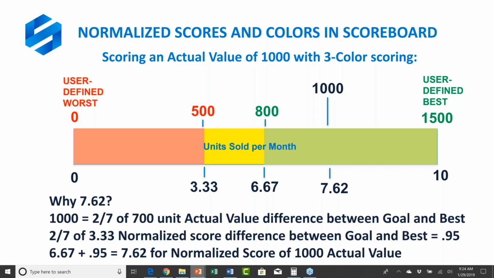And again, the question of why 7.62: in this case, that actual value of 1,000 lands 2/7 of the way through that 700 unit difference between goal and best. 2/7 of that 3.33 normalized score difference between goal and best equals 0.95. And if you add the 0.95 onto the 6.67 of that goal threshold, you get 7.62 for the normalized score of that 1,000 actual value.